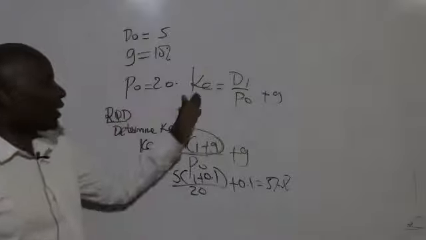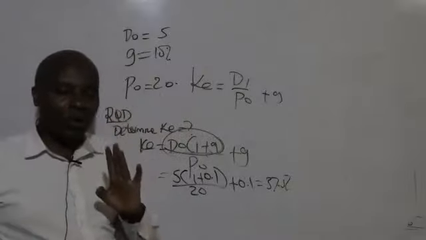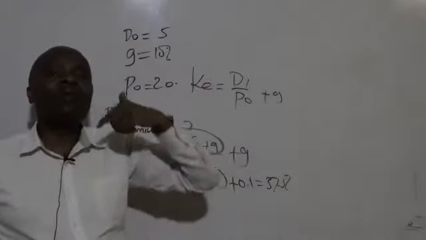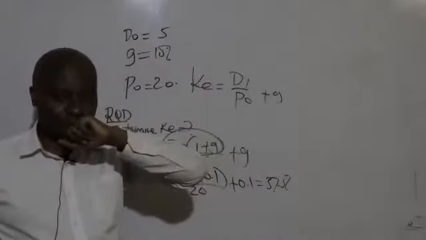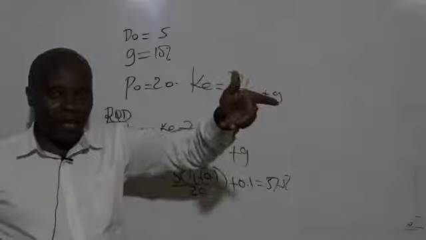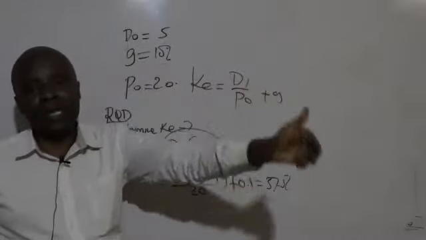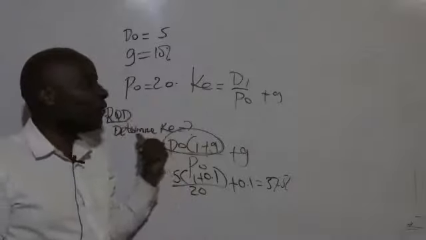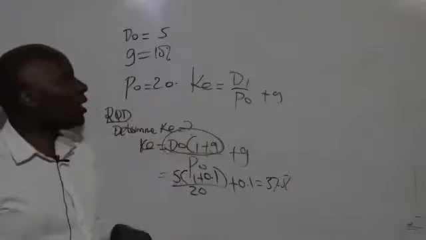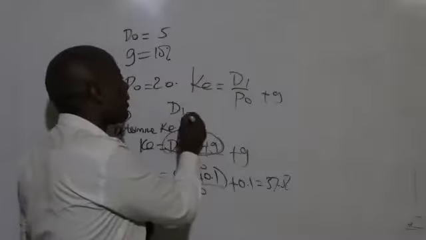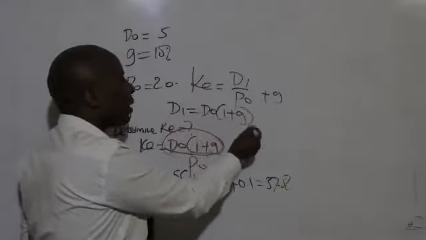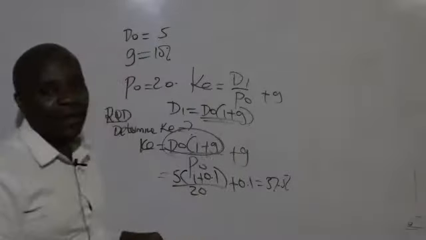So cost of equity will be equal to the dividend we are yet to receive, the expected dividend at the end of the year, divided by our original investment. And it is this D1 that we normally get by taking D0 into 1 plus g.